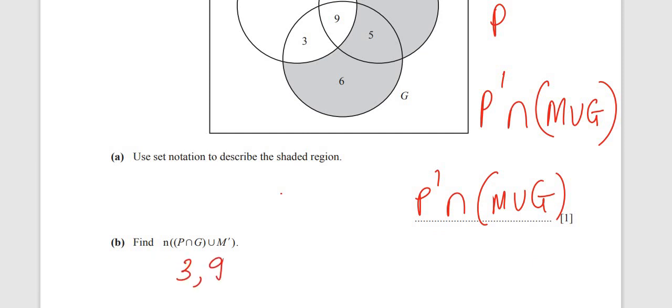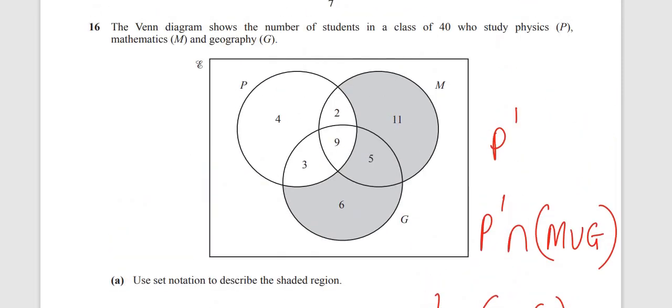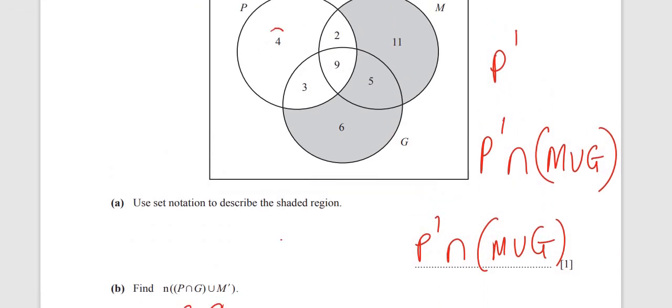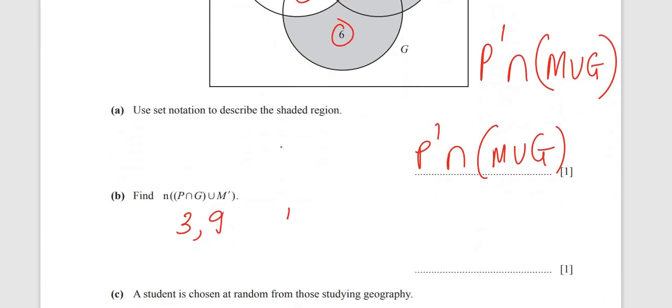Then M complement means all the elements that are not in M. So for the complement of M, we have 4, 6 and 3. So we need to get the union of these two. Union means the ones that are in either set or both.